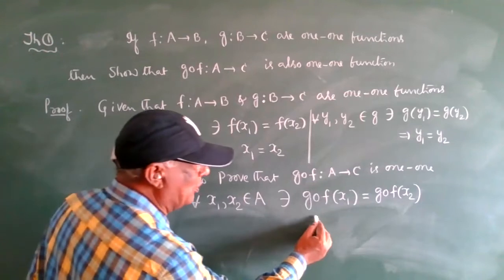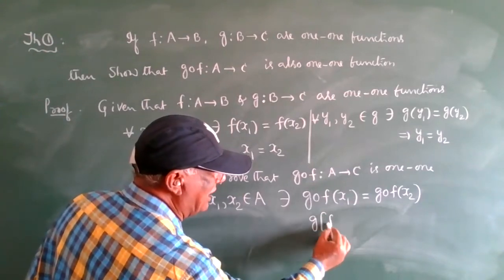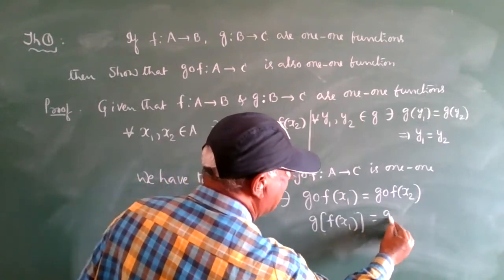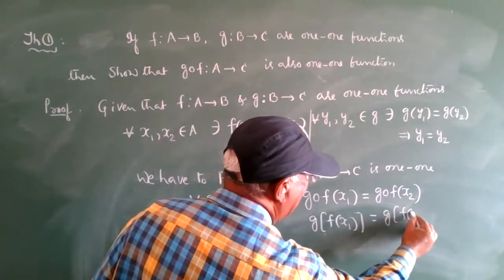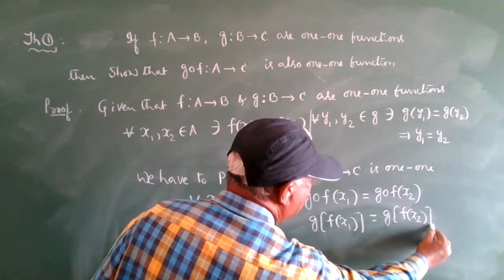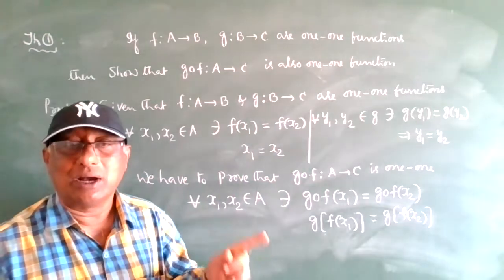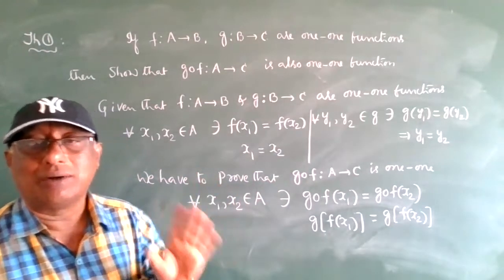See, composite function: replace the circle with brackets, g of f of x1 is equal to g of f of x2.